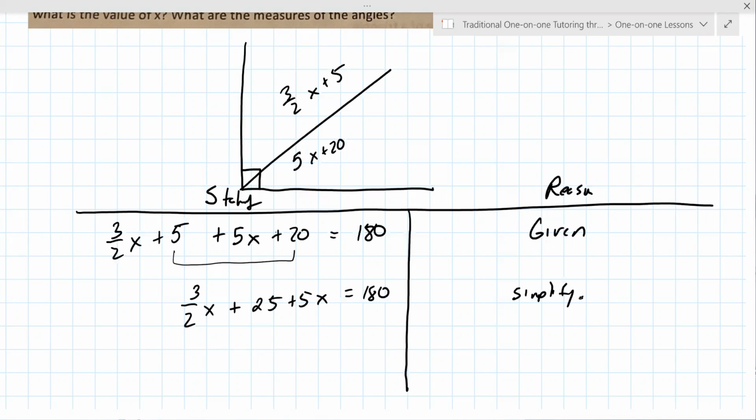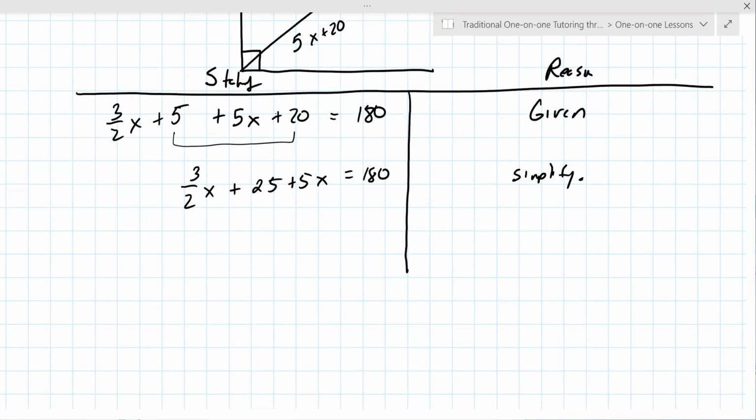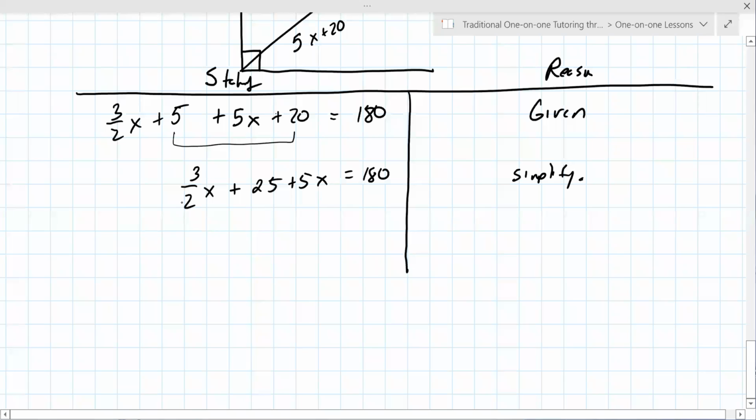So then what would you do from here? And there's a lot of right answers for this. I guess I do substitution. There's no substitution property because you're not substituting. You're either going to subtract 25 and put it into the 180. So that's the subtraction property. You said substitution.